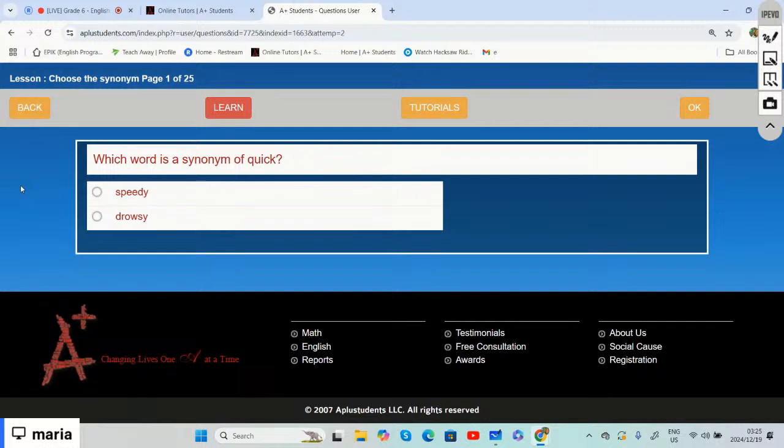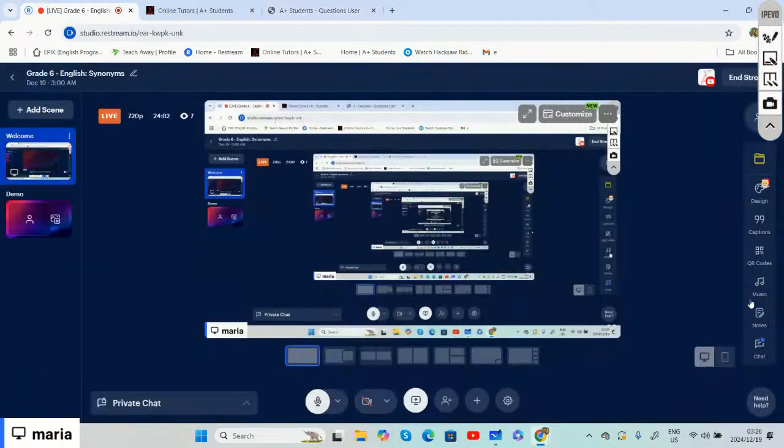Is it option one, speedy, or option two, drowsy? So we need to choose the synonym of that word.